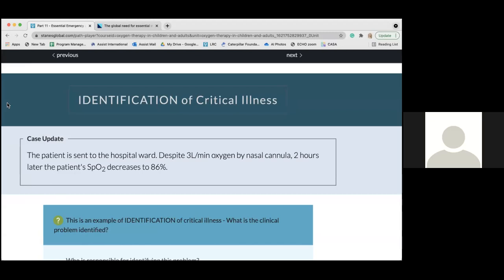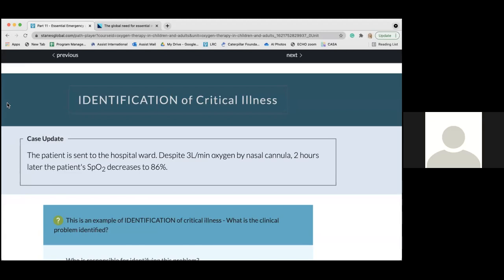Despite initial oxygen therapy at 3 liters per minute via nasal cannula, 2 hours later the patient's SpO2 starts falling. Remember, the patient's SpO2 had gone up to 95. Now it's falling down, and now it's at 86%. You can already see that this is a typical example of identification of critical illness.